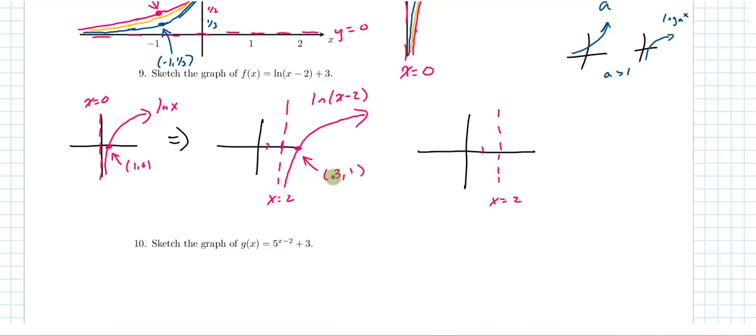So specifically, this point, which was at (3, 0) prior to this plus 3 transformation, will now be at the ordered pair (3, 3). So we would place that, and here I'll just kind of fudge that, and there's the ordered pair (3, 3). Now I just recopy that generic shape of the log function, and there's the graph of f of x equals the natural log of x minus 2 plus 3.